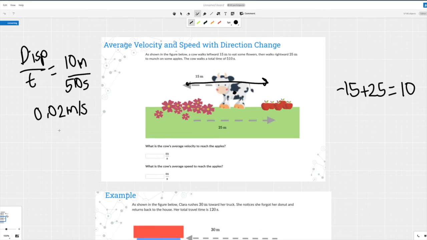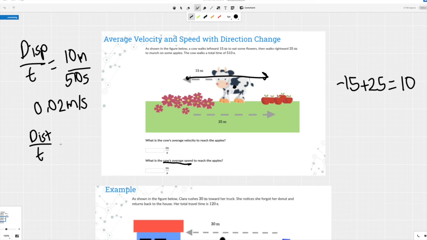Now it's asking us, what is the cow's average speed to reach the apples. So now speed is distance over time. So for distance over time, what we're going to be doing is just figuring out how much total distance it traveled. So 15 plus 25 is equal to 40.